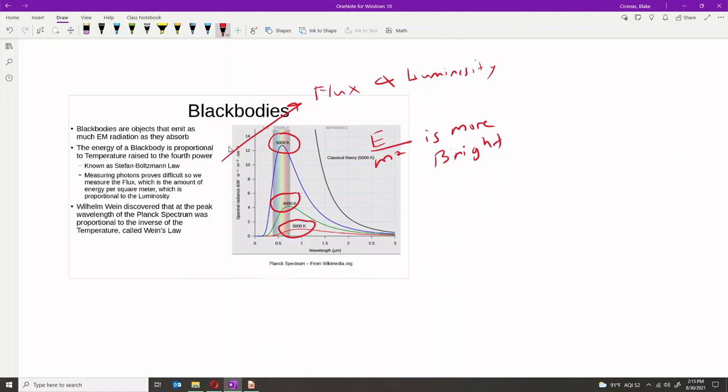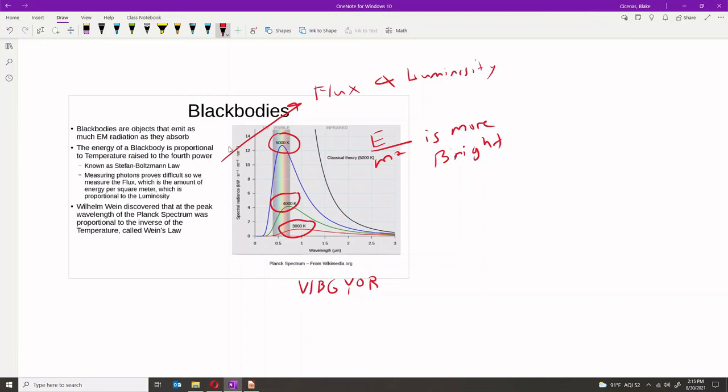Green is 4,000. Red is 3,000. Just notice that as we go, once again, I'm going backwards. So Roy G. Biv. Did it backwards. As we go from red, then to green, then to blue, you'll notice that the characteristic temperature increases.